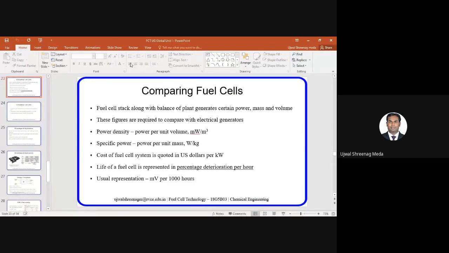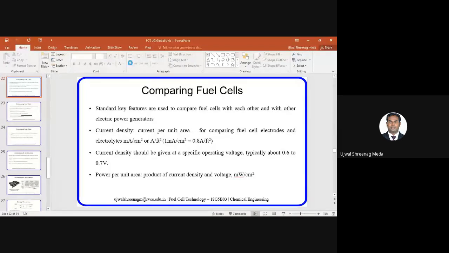And with all that, we learnt four new terms which are used in common to compare between the fuel cells as well as between fuel cells and conventional energy generation systems. So, which are those terms? One is the current density, so current per unit area.